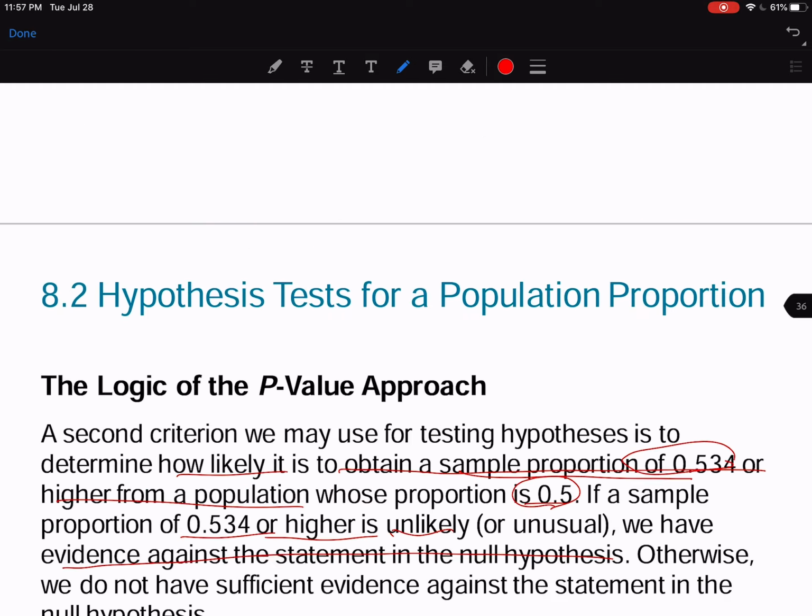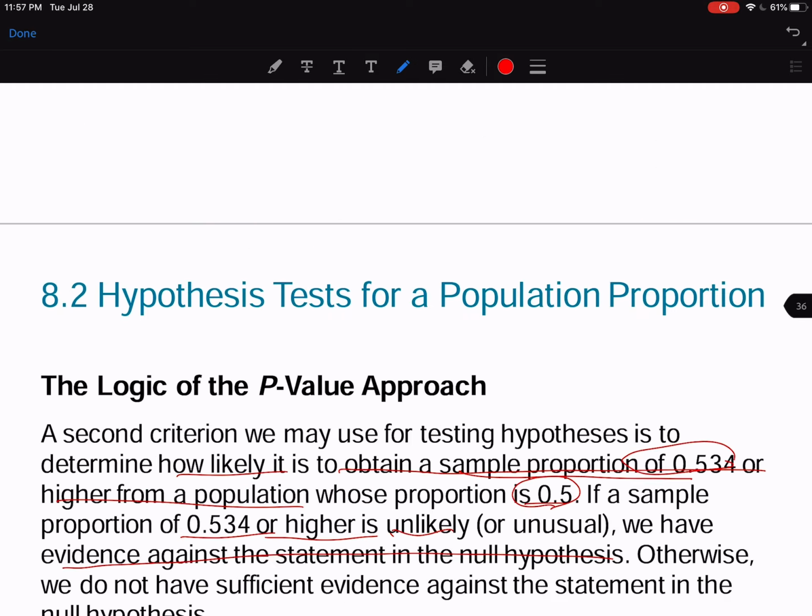So in other words, if the p-value is less than alpha, then reject the null hypothesis. And alpha is always given. I wish you still remember that sometimes the value of alpha is given in the problem directly, and sometimes it's given indirectly.